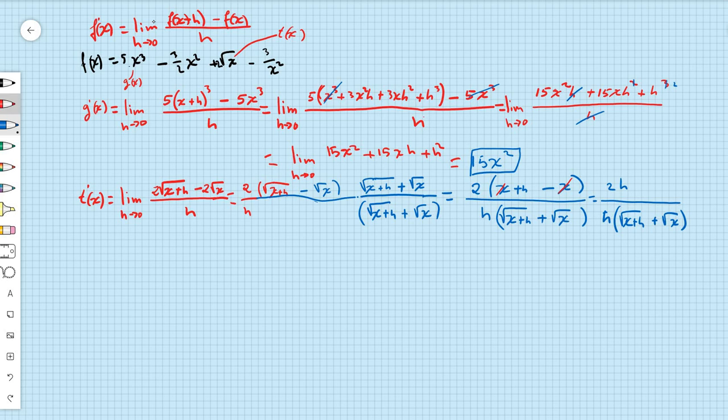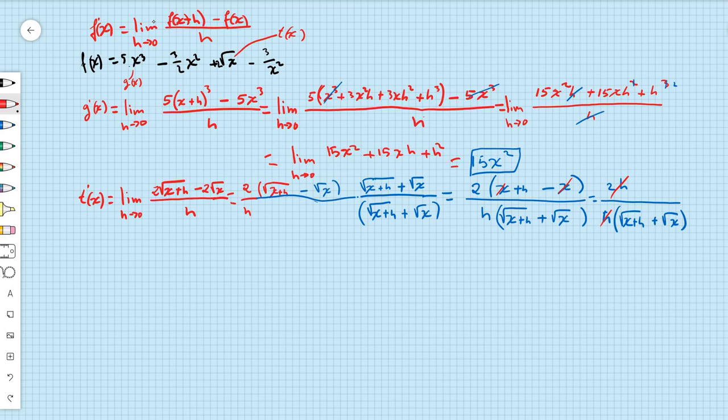And this h will cancel out again as well, so we'll be left with 2 at the top, and then all these here. Now once you have this, you can go ahead and replace h by 0, and you'll find the result of it.